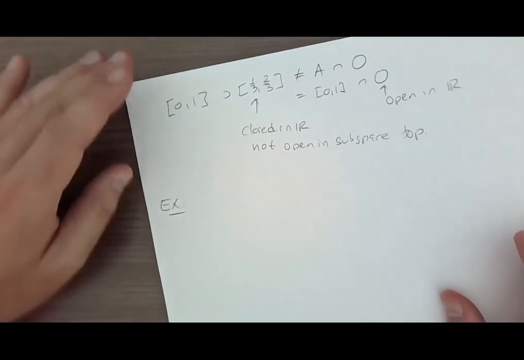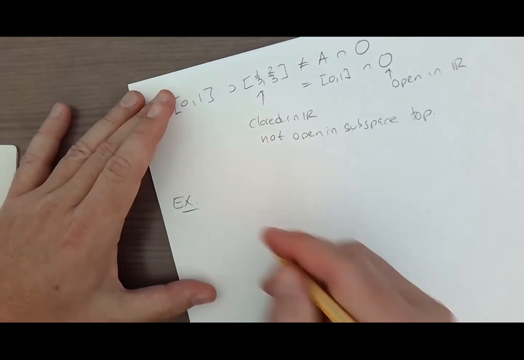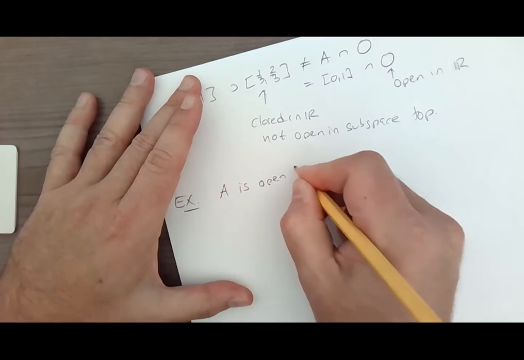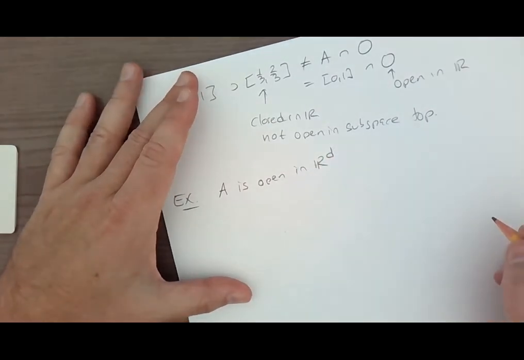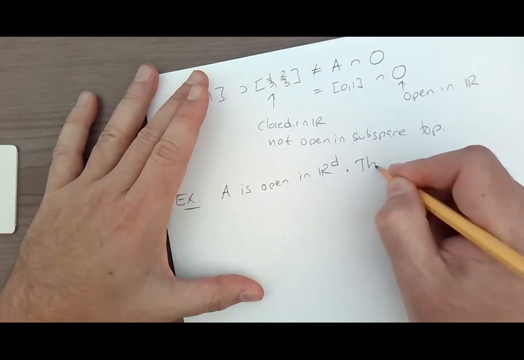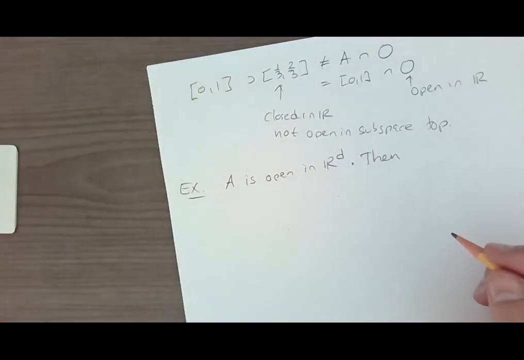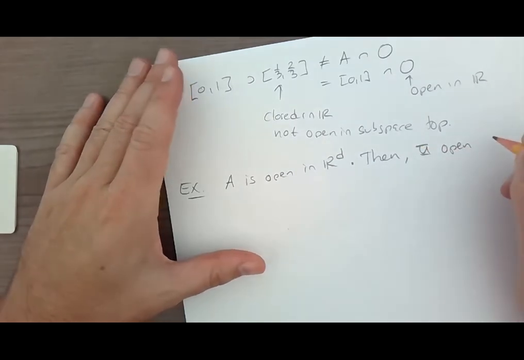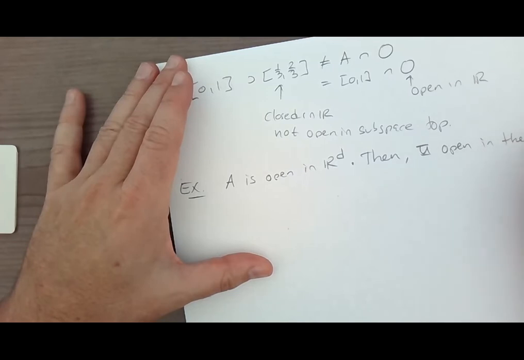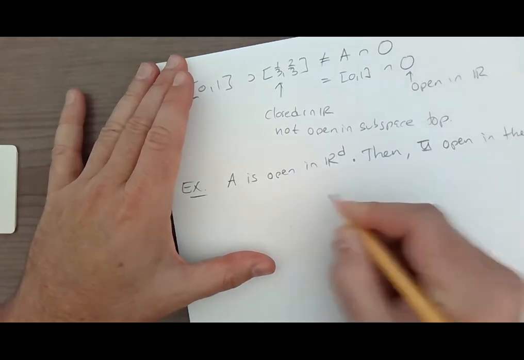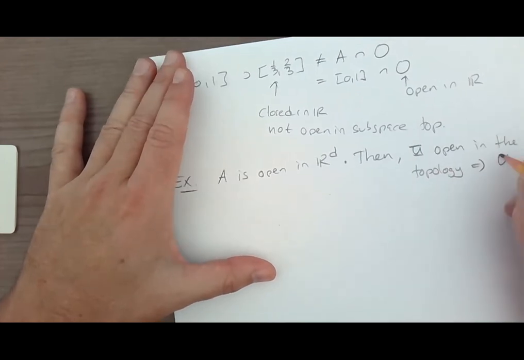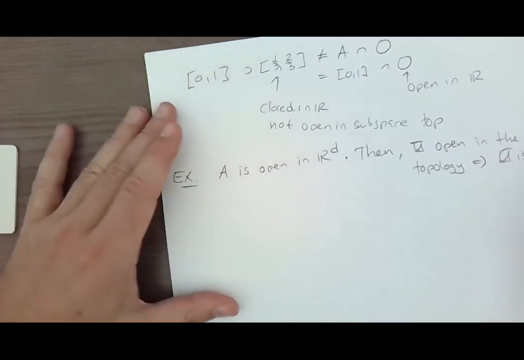If A is open in R^d, then if U is open in the subspace topology, it implies that U is open in R^d. And it's not hard to see why.